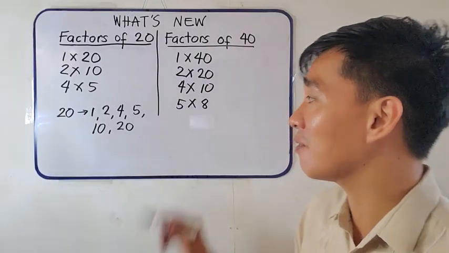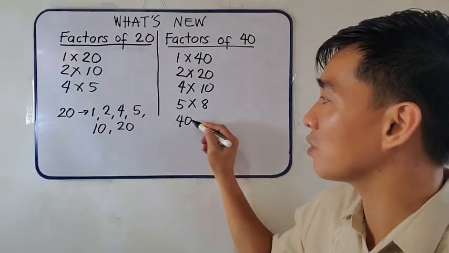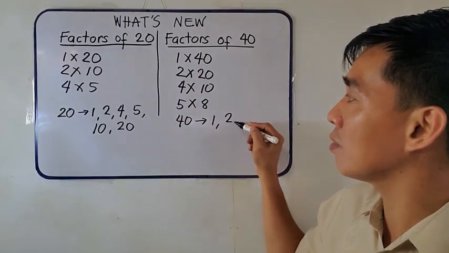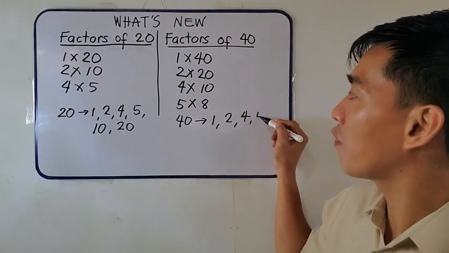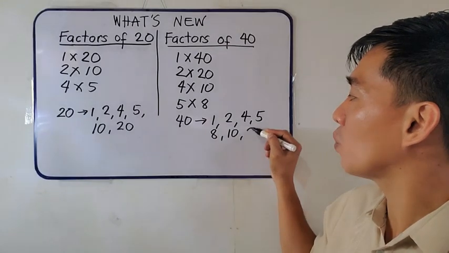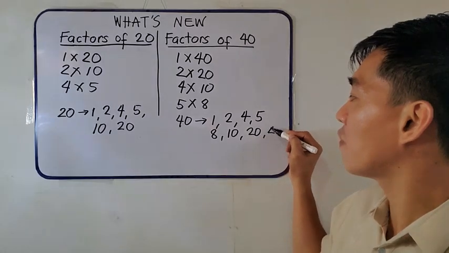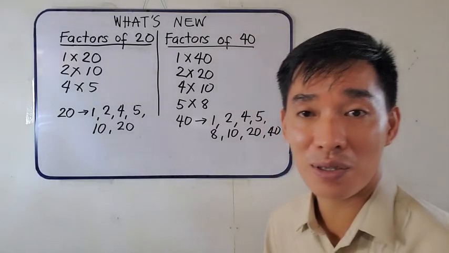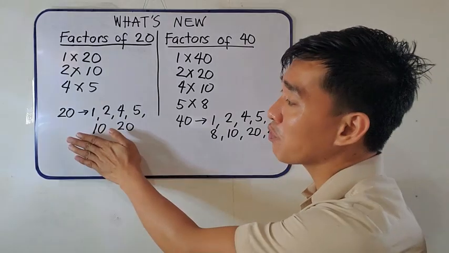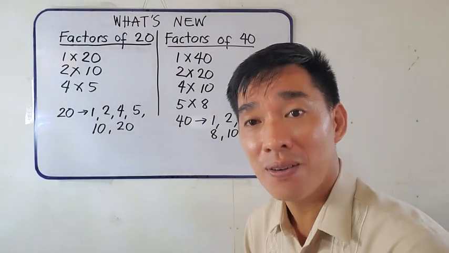Now let's get the factors of 40. The factors of 40 are the following. 1, 2, 4, 5, 8, 10, 20, and 40. These are also the factors of 40. So we already have here the factors of 20 and the factors of 40.